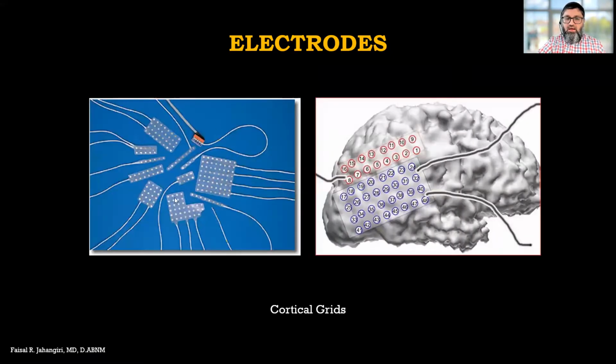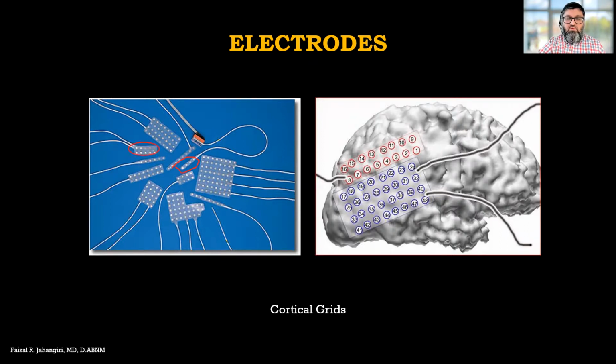Cortical grids are used for recording directly from the somatosensory cortex. They come in different sizes and shapes. The smallest one is 1 by 4, which means it has only 4 contacts. The 2 by 4 will have this one, two, and this is 2 by 6.